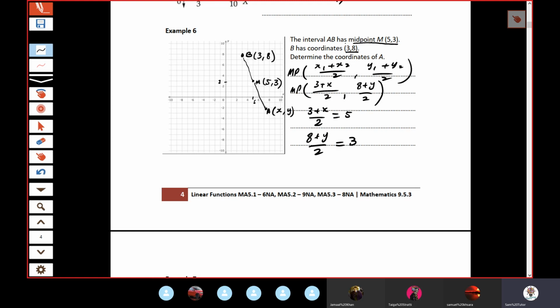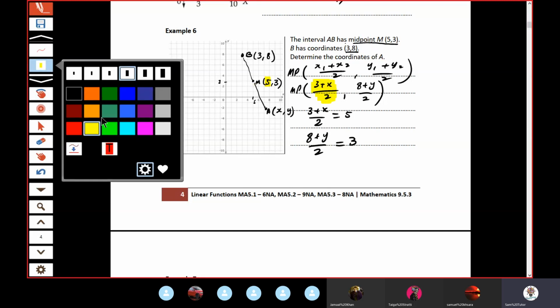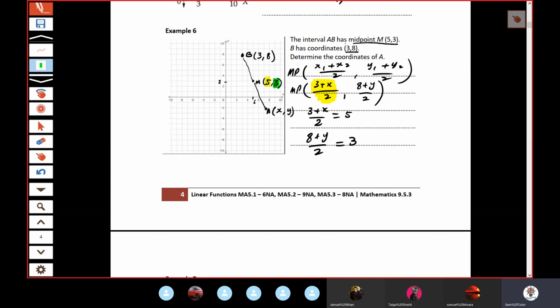Because the midpoint is 5 and 3, but we know that the midpoint should have been 3 plus x divided by 2, and 8 plus y divided by 2. So the x value here must equal the x value there, and the y value must equal the y value. And that's pretty much what I've written down here.